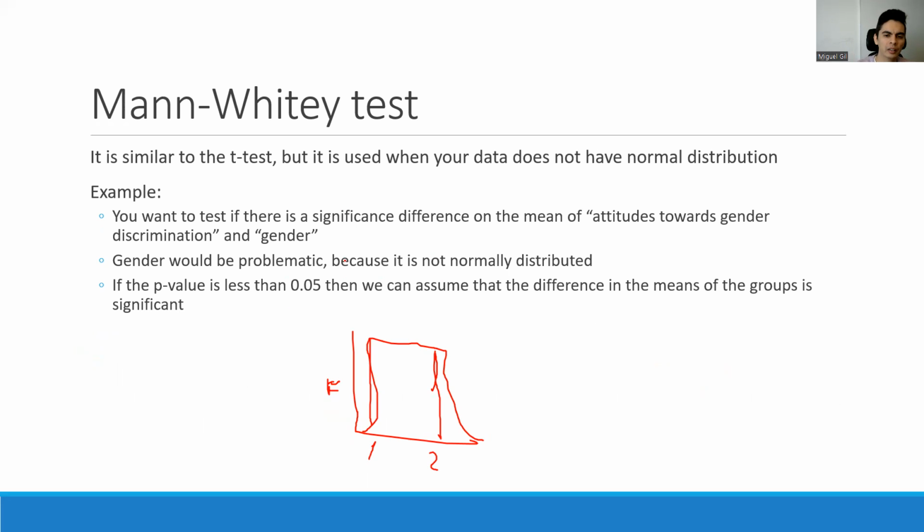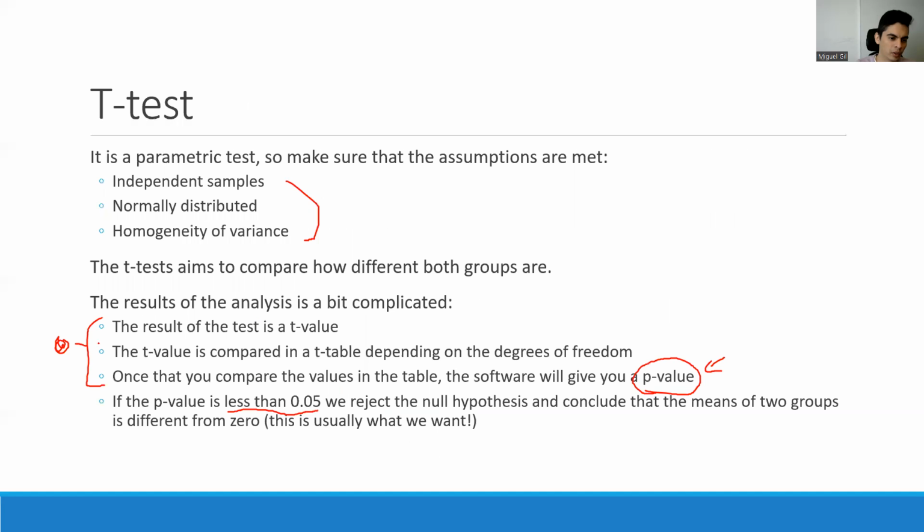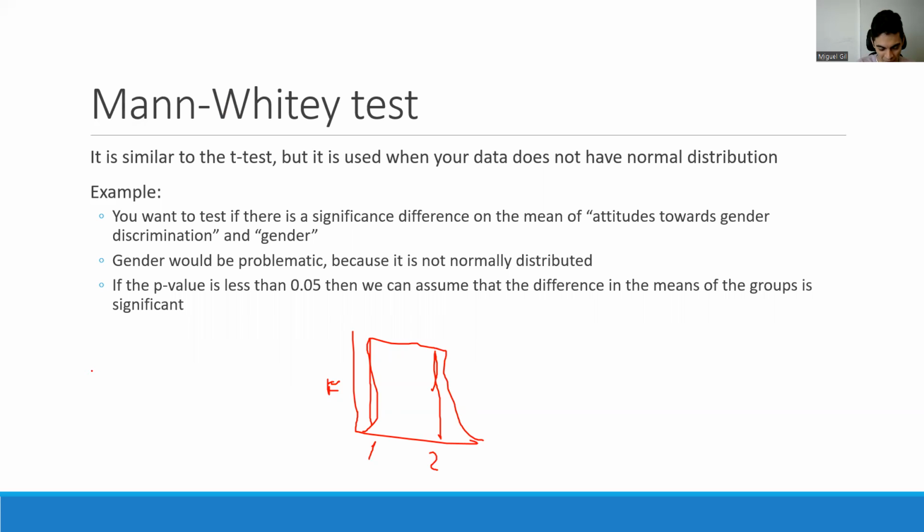So because of that, instead of using the t-test, you will use this. What is inside of the computer? I didn't write it in here, but it's basically kind of the same thing. So in the end, what matters is the p-value. I think I'm being very irresponsible by not saying what happens in there, but this is not a statistics course.